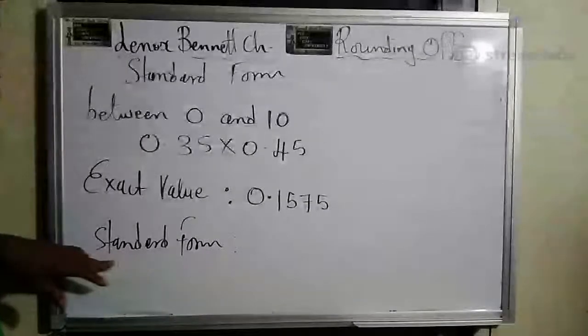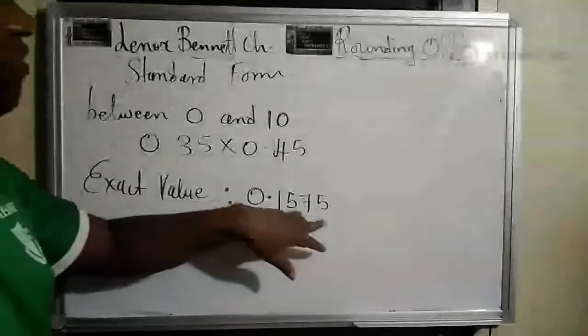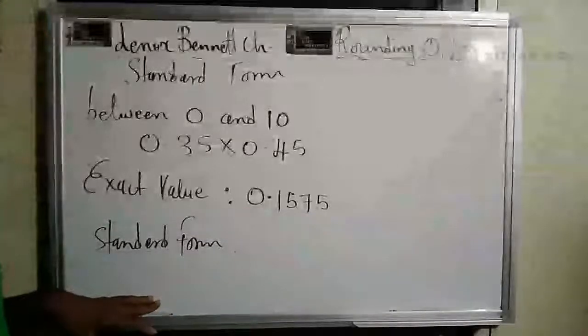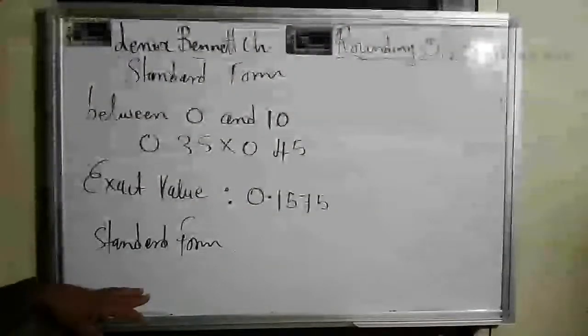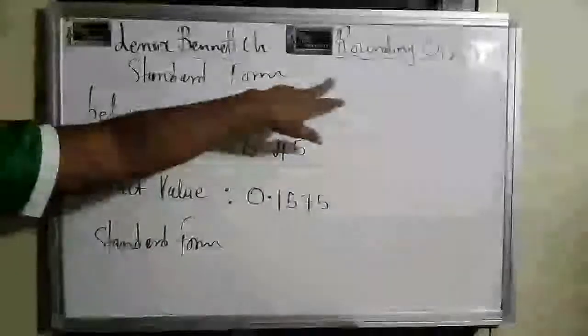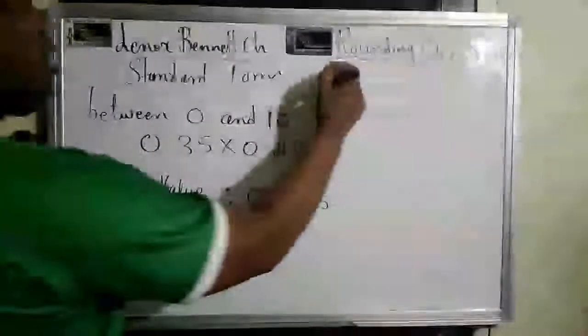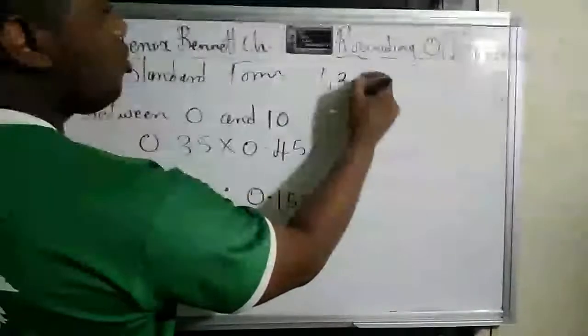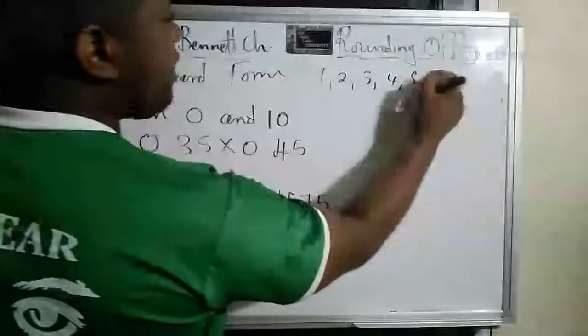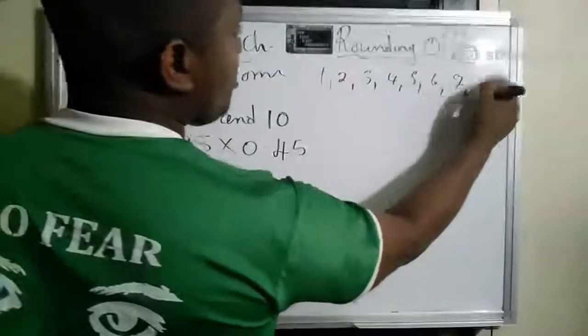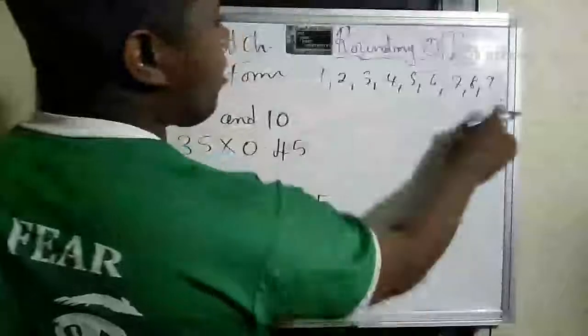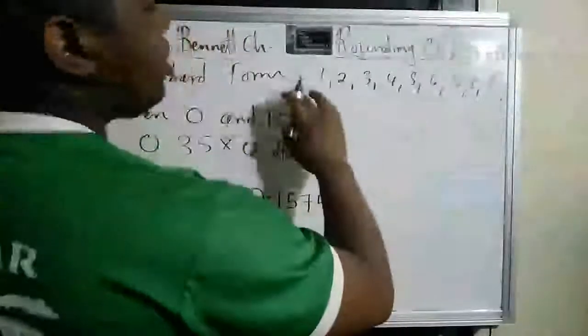So I want to write this number 0.157 in standard form. Remember, the rule states that we must go to the first natural number, 1, 2, 3, 4, 5, 6, 7, 8, 9. And remember the boundary, it's between 0 and 10.